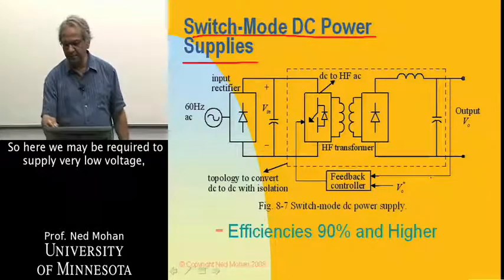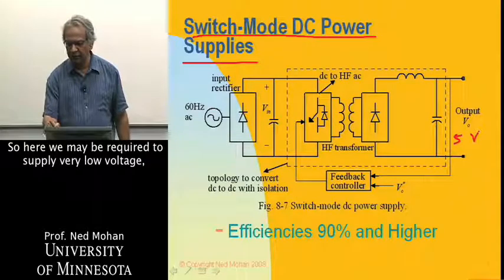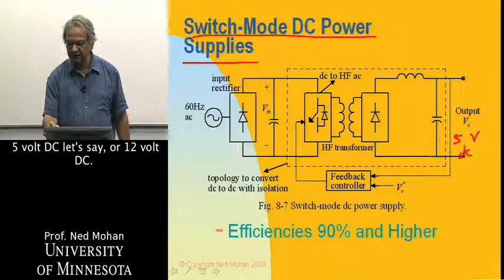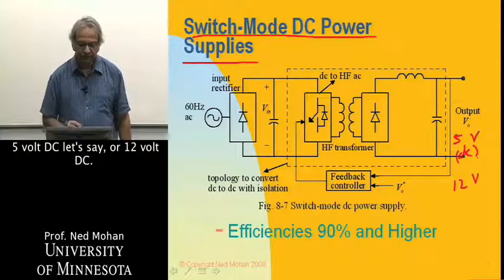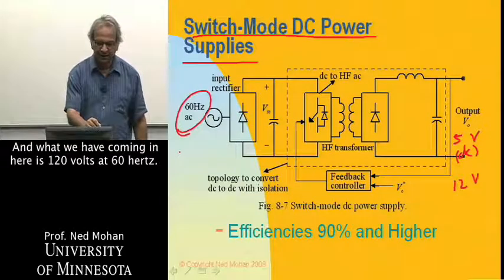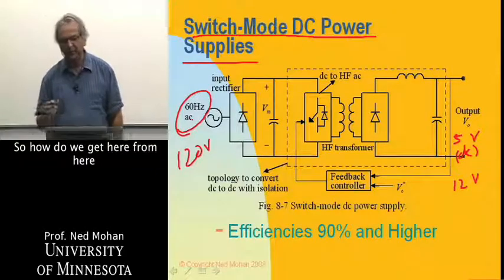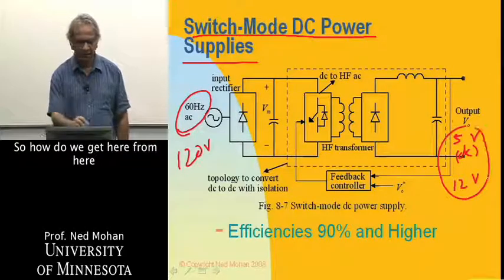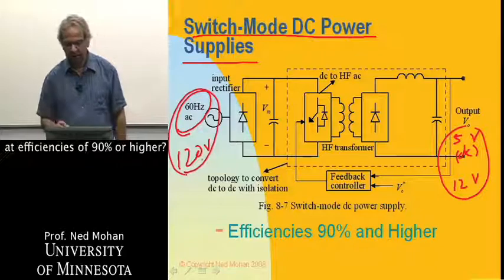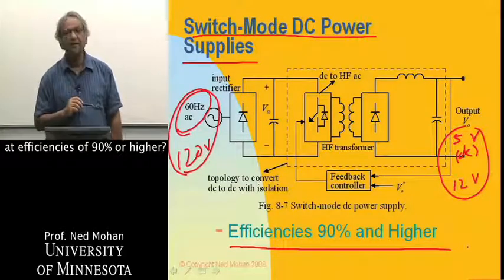Here we may be required to supply a very low voltage, 5 volt DC, let's say, or 12 volt DC. And what we have coming in here is 120 volts at 60 hertz. So how do we get from here to here at efficiencies of 90% or higher?